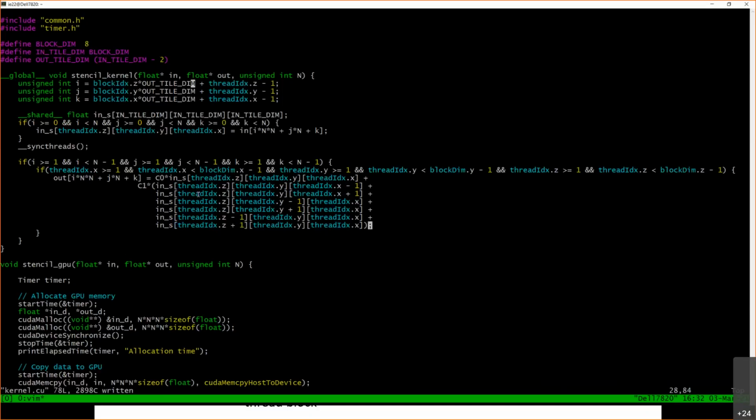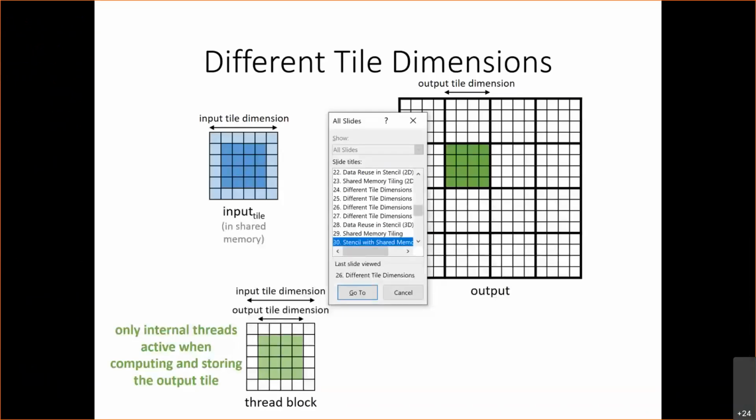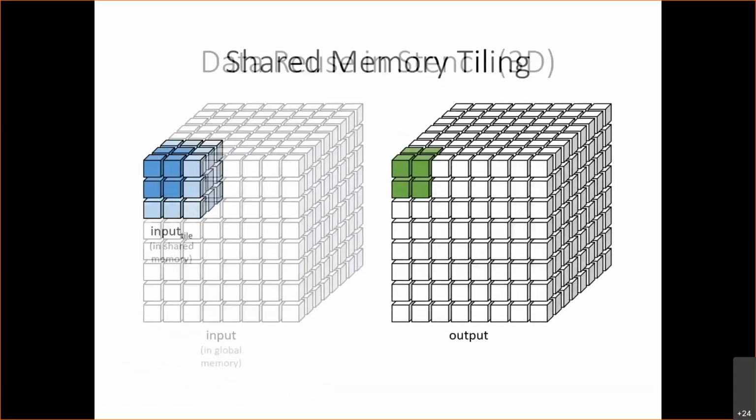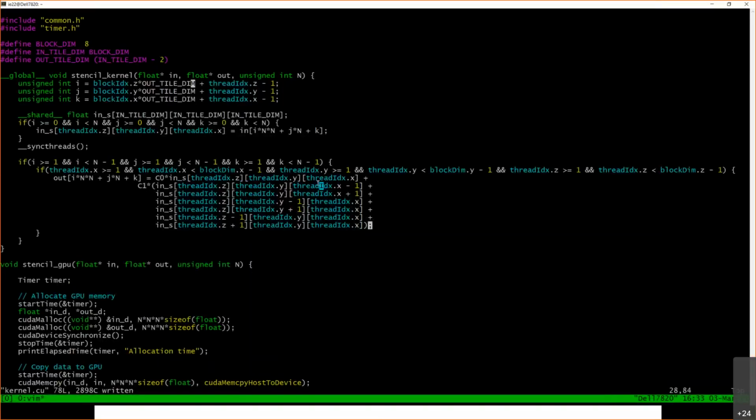By doing this, we've loaded the shared memory tile, and when we access for this element, we are loading the neighbors in the x, y, and z dimensions from the shared memory tile. Notice that this shared memory tile is its own self-contained array. That's why we're just using threadIdx.z, threadIdx.y, and threadIdx.x to access it. Is this clear to everyone? Any questions about this code?